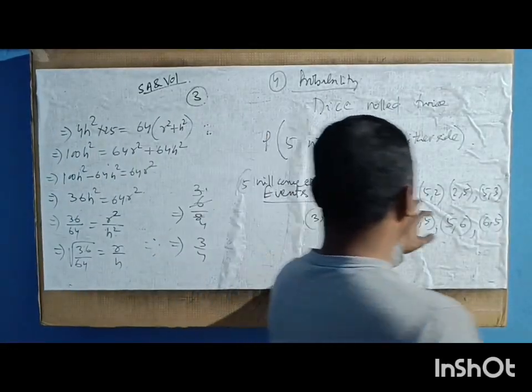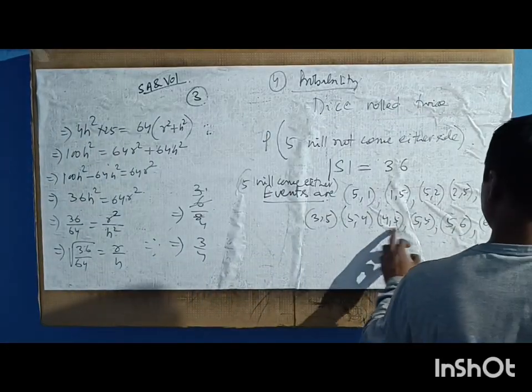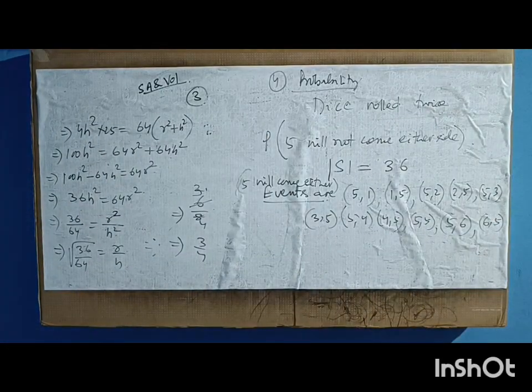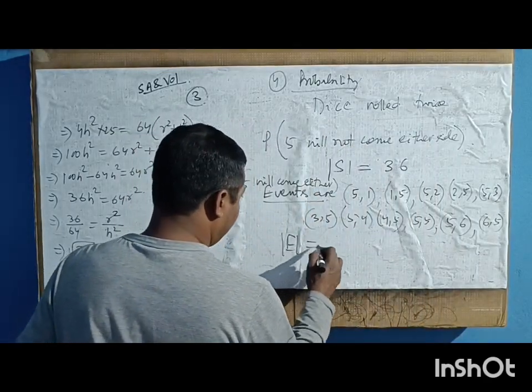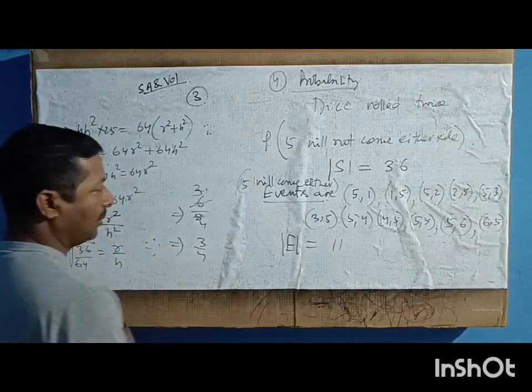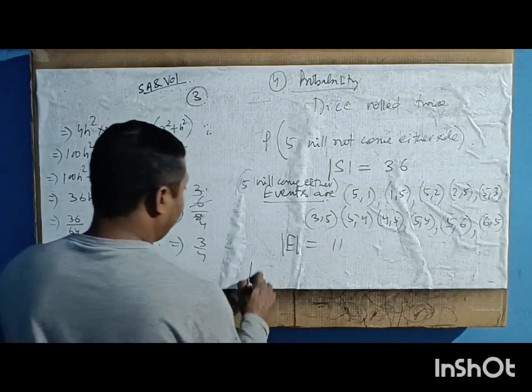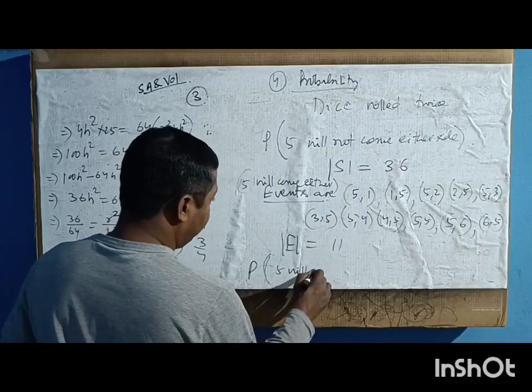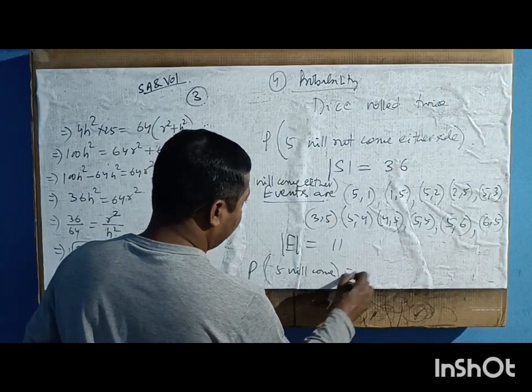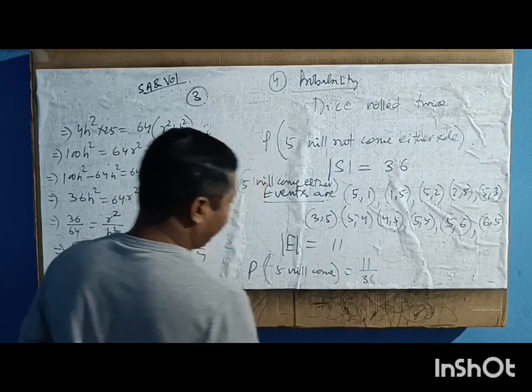Counting: 1 2 3 4 5 6 7 8 9 10 11. So the number of events is 11. So the probability that 5 will come on either roll is equal to 11 by 36.